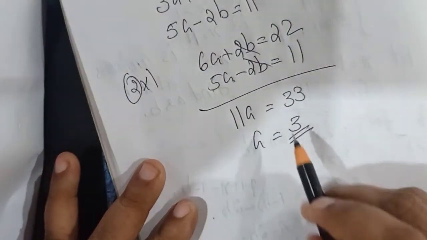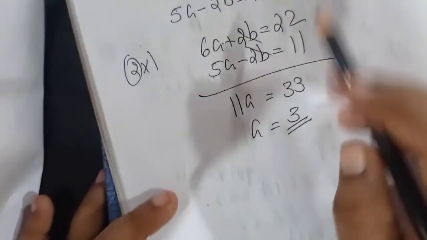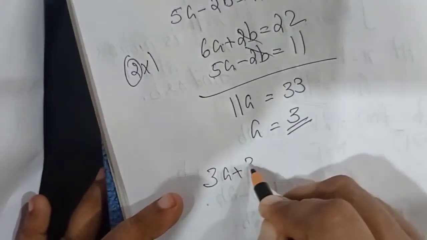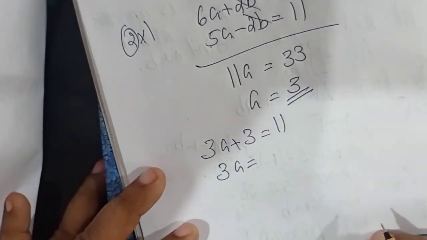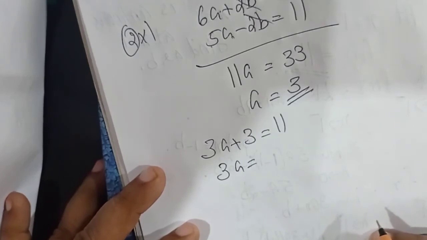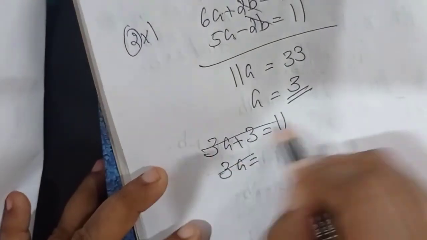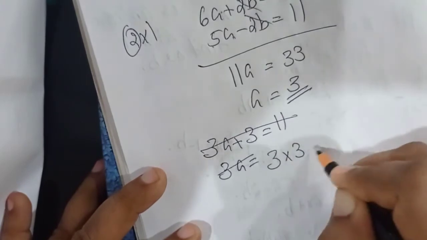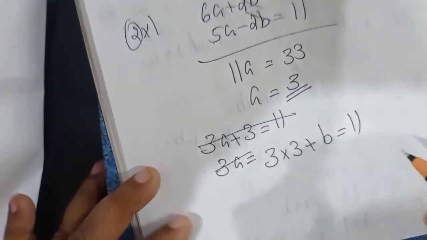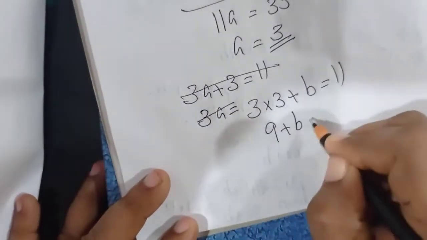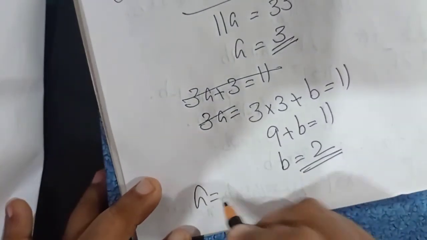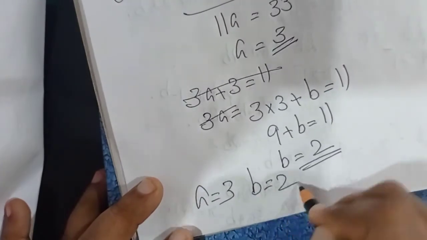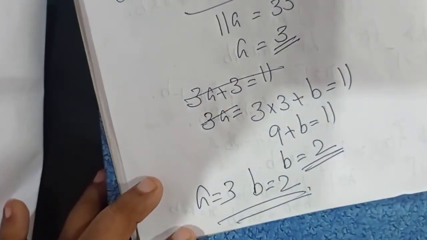Then substitute a equal to 3 in the first equation: 3 into 3 plus b equal to 11. 9 plus b equal to 11 means b equal to 2. Therefore, a equal to 3 and b equal to 2. Simple question.